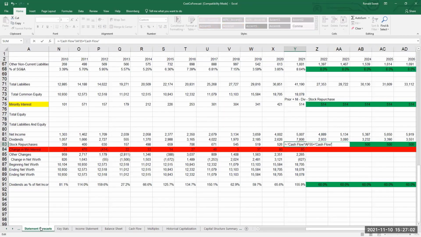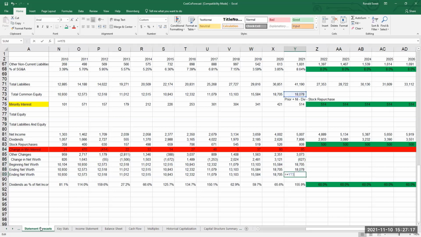Minus AN 55. So the 55 is actually good. And then that one's probably okay. Add them all together. Changing net worth. Are we close? Beginning net worth. That looks right, doesn't it? We got it. All right, good.